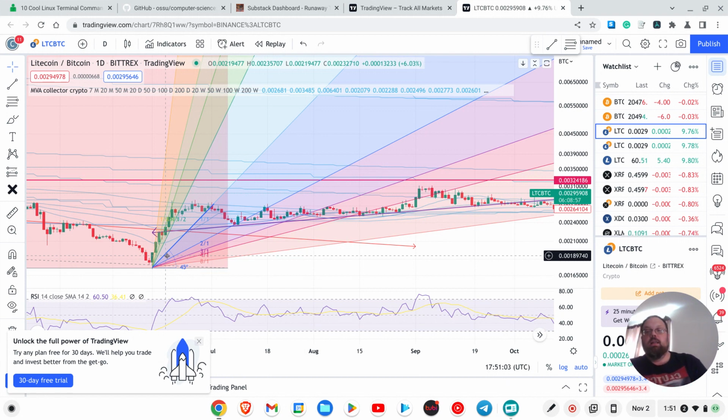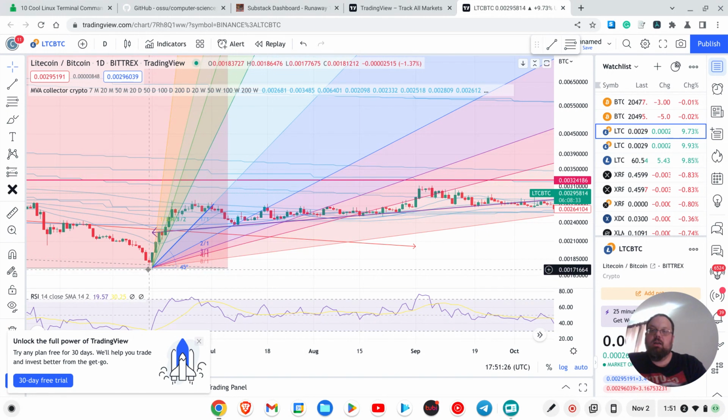So, if my research and reading on it is correct, the whole point is that you find a place in a chart which has a 45 or greater degree breakout. For instance, the Litecoin versus Bitcoin trading pair off of Bittrex. That's what we're looking at here.